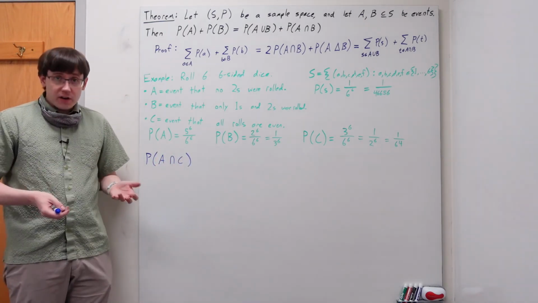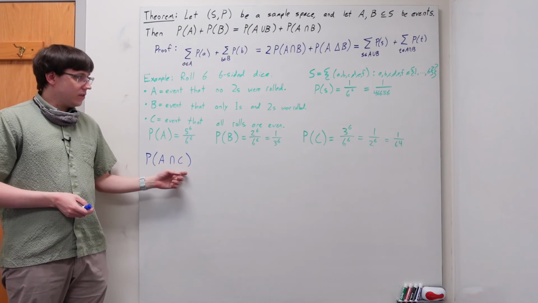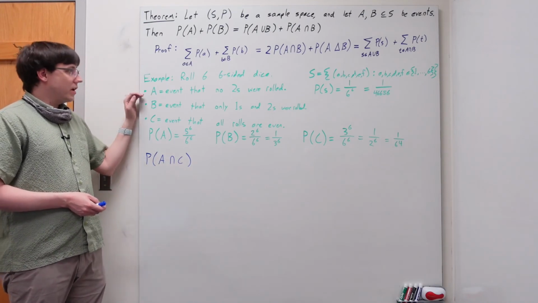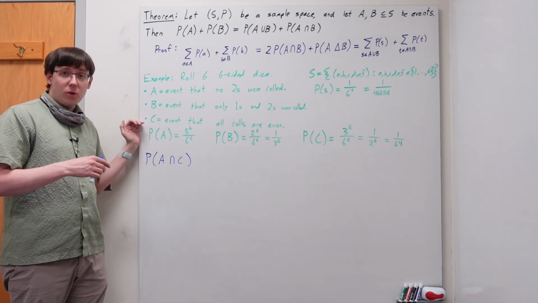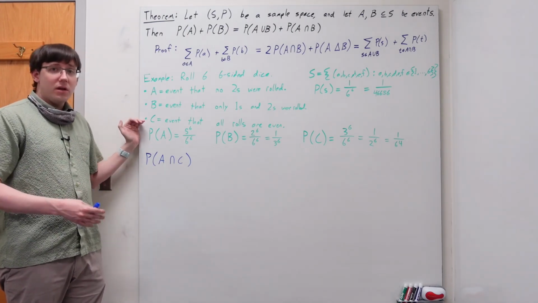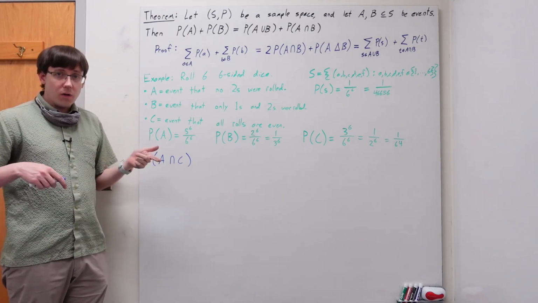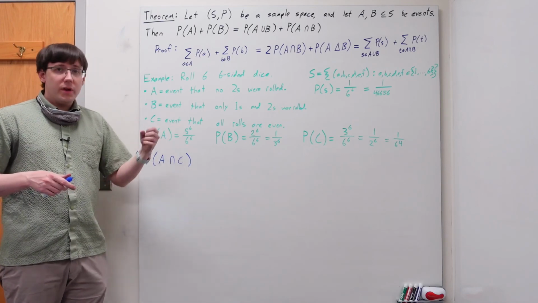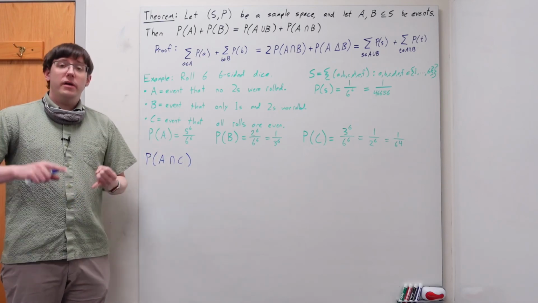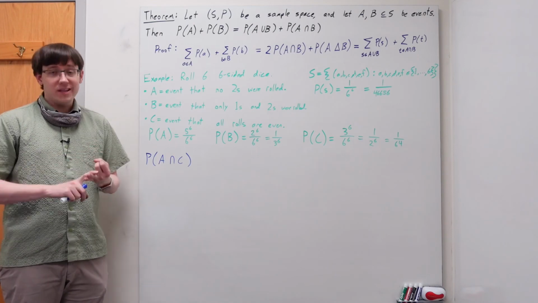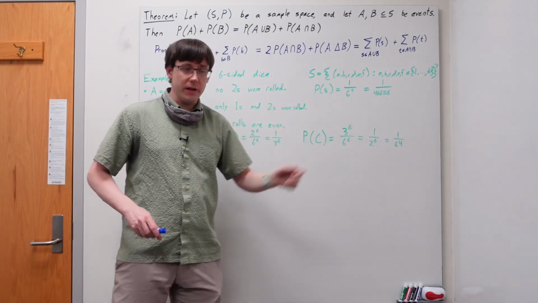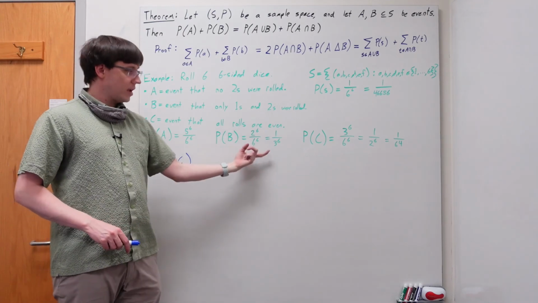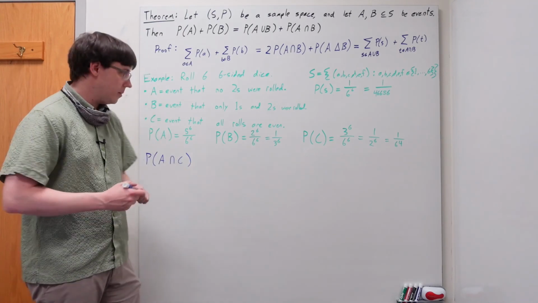The intersection of sets A and C is that we didn't roll any 2s and we only rolled even numbers. So here we know that all of the rolls must have been either a 4 or a 6. So that gives us 2 possibilities for each element of the list, and we should get the same probability that we got for B.